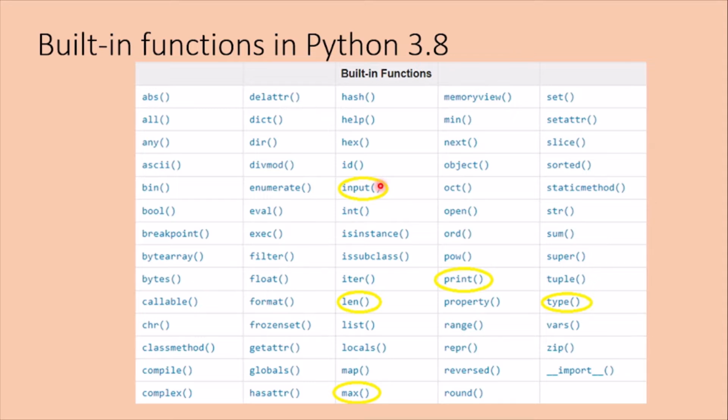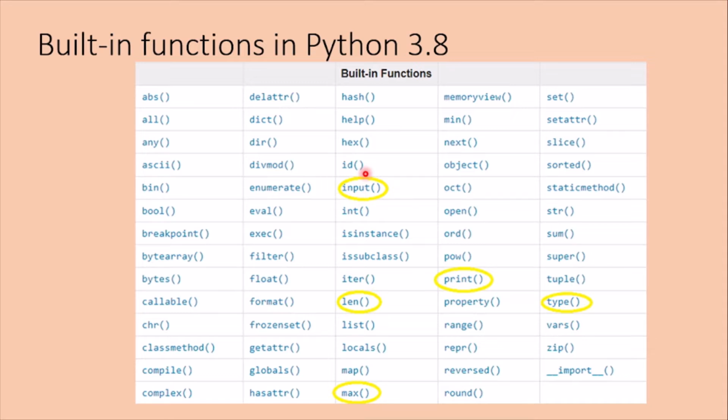I have Python 3.8, and as per this version, when I installed it, these many built-in functions are available. Similarly, the latest Python version is 3.11, and 3.11 may have some additional functions. So 3.8 has these built-in functions.